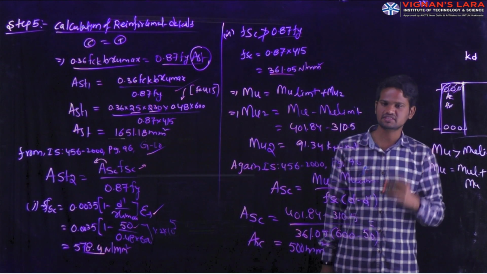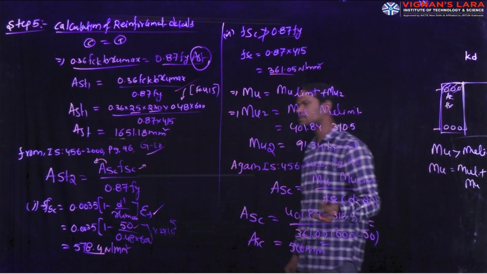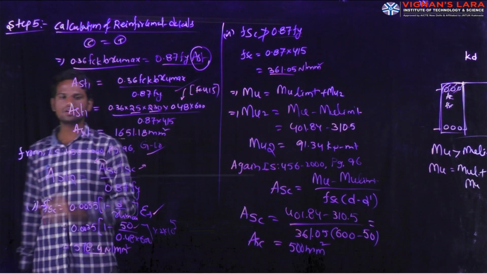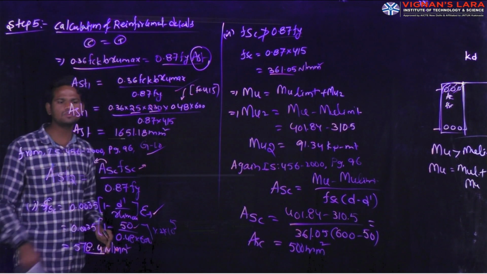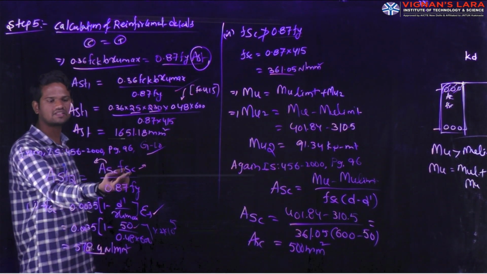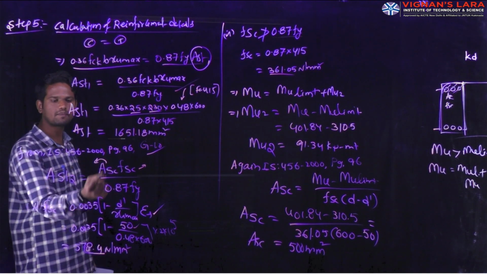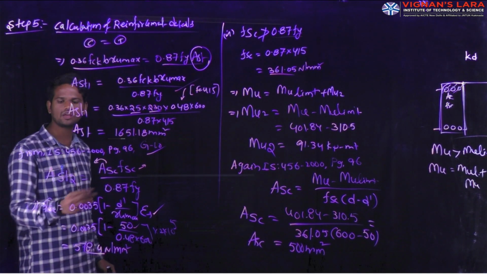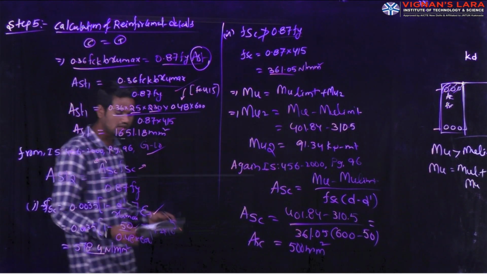As well as from the same equation, we have to calculate the area of the steel AST2 in the bottom direction. We know the ASC value, we know the FSC value. By substituting this ASC, FSC and 0.87 Fy, you will get the area of the steel AST2.